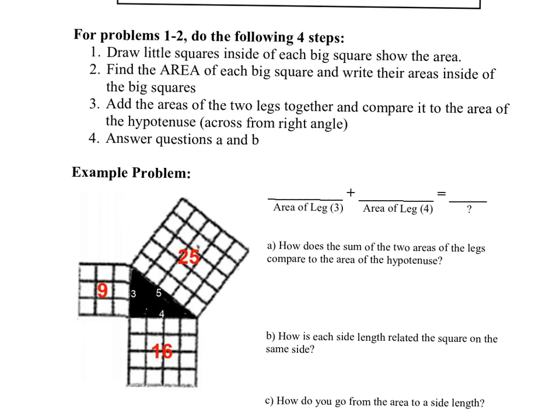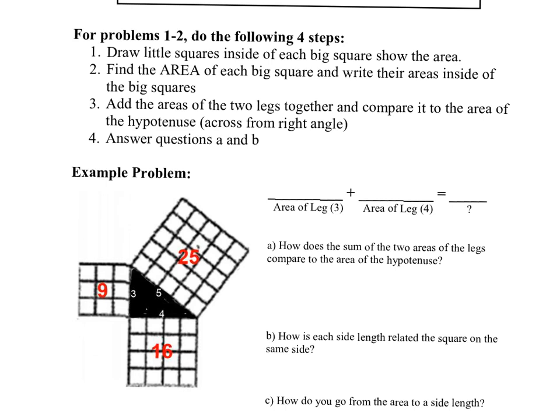So they filled it in with 3 by 3 squares, and they found the area, the total amount of space inside. There were 9 squares inside. They did the same for the side of the triangle that had 4, so 4 by 4, and the side that has 5 was 5 by 5, and they found all 3 areas of the squares.